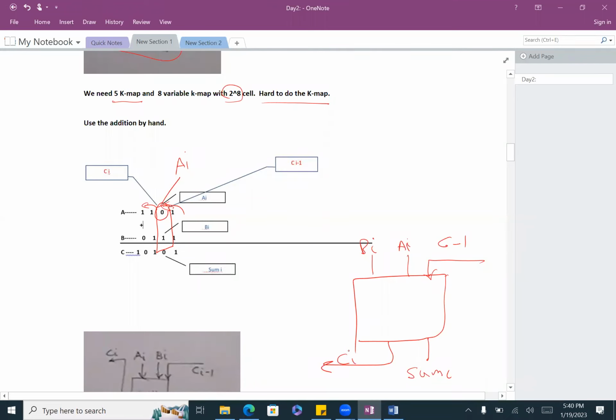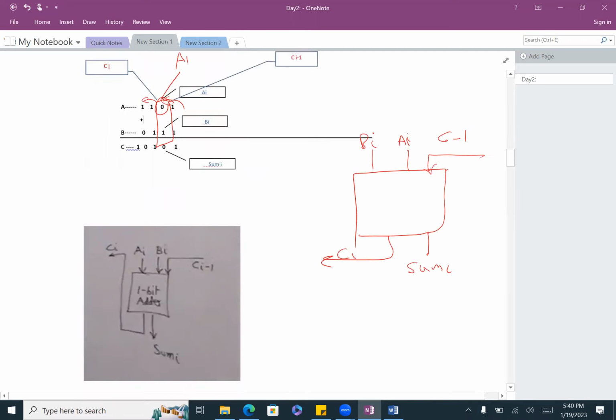Carry I, correct? So that's how it's going to look in the circuit. That's only 1 bit, so now we have to do a design for that. If you look here, you will have C of I minus 1, the carry from the previous stage, and you will have B of I, A of I, and sum of I, and the carry I.